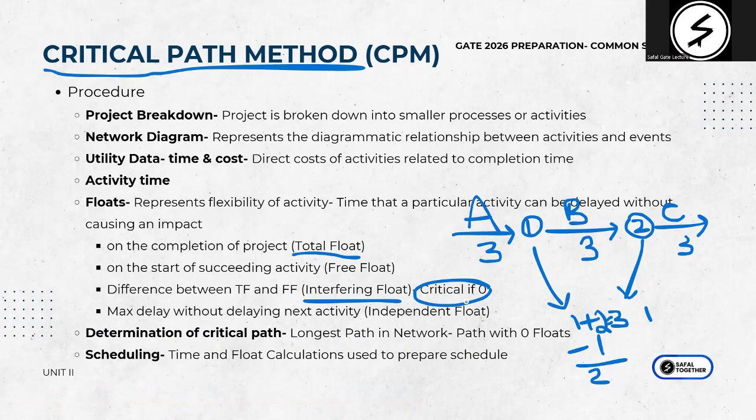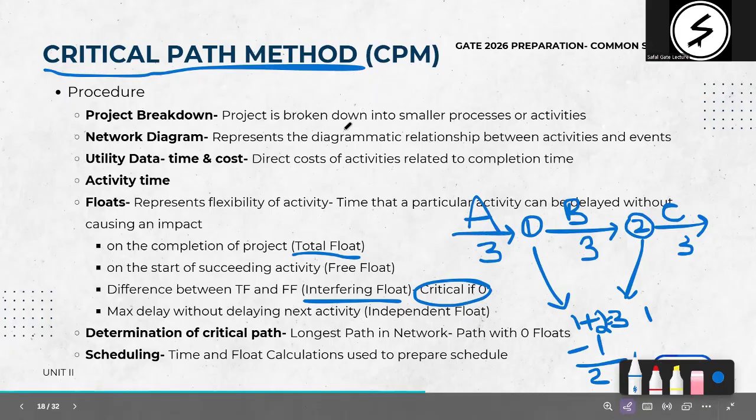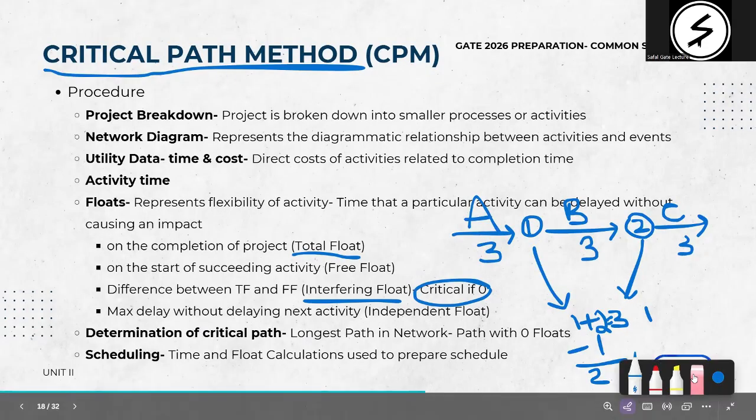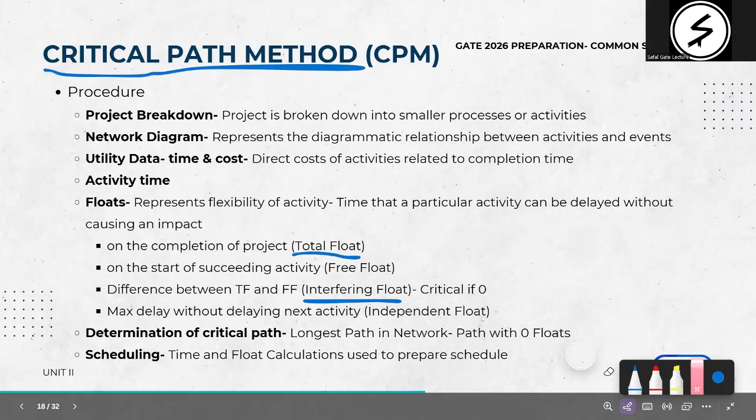So you cannot touch those activities. Such activities are called critical activities, and when you connect all of them together, it becomes a network, a path, which becomes the critical path. In our numerical, you'll understand how this comes into play. But the basic understanding is that your critical path is where your float is 0.